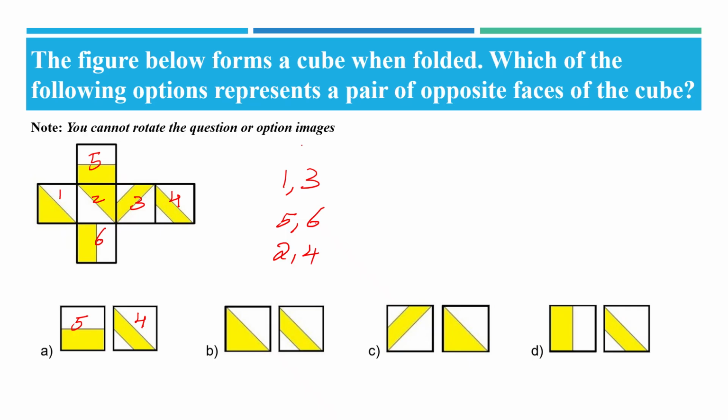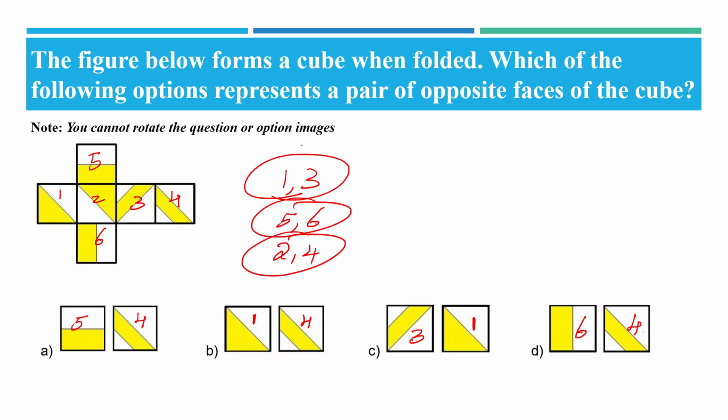Here we have 1 and 4, here we have 3 and 1, and here we have 6 and 4. Actually, we have noted the actual pairs. So let's find out if we have any of the combinations. 5, 4, no. 1, 4, no. And 3, 1, yes it is. So that's the right answer. Great.